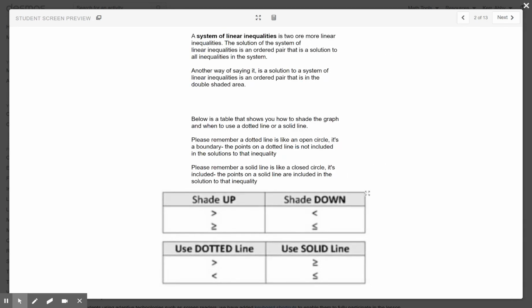A system of linear inequalities is two or more linear inequalities. Now, remember, the equal sign is going to be replaced with the inequality symbols, which are stated down here.